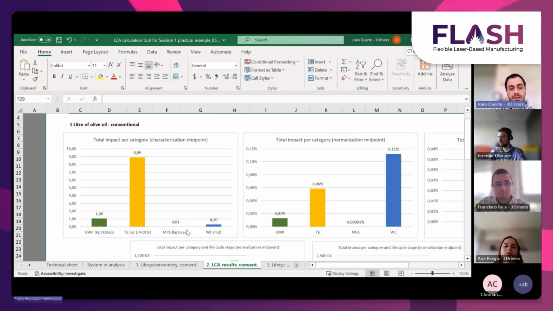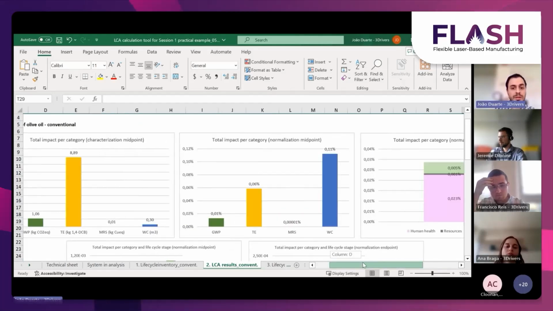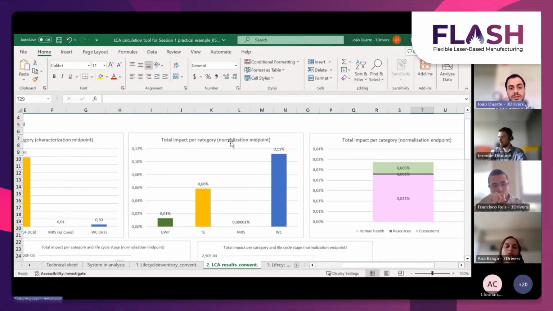Because each impact category has its own unit, when we are looking at characterization, we cannot compare them. We can only look at and analyze each impact category individually. But when we do the normalization, so we divide by a normal value, as my colleague Anna explained, we start to be able to compare between different impact categories.